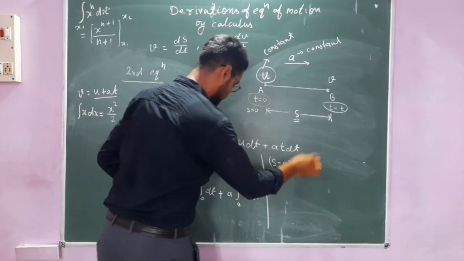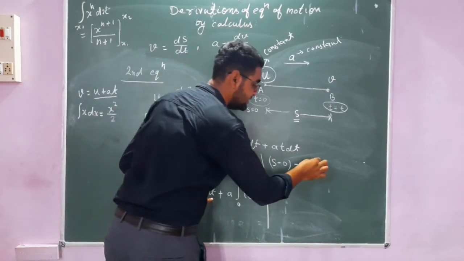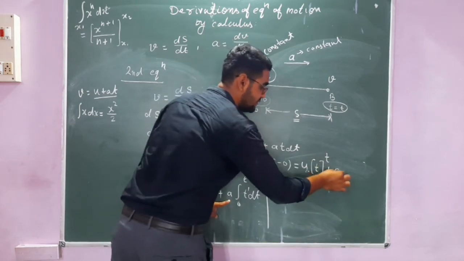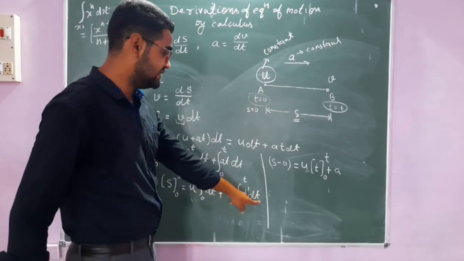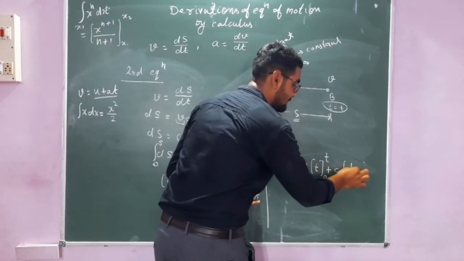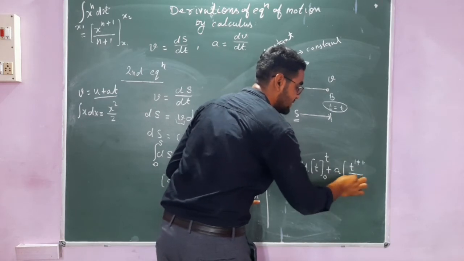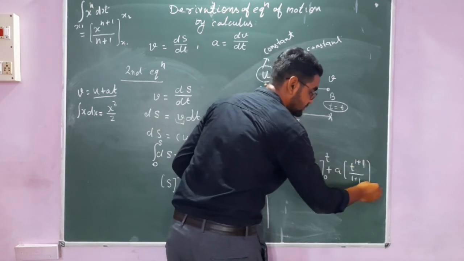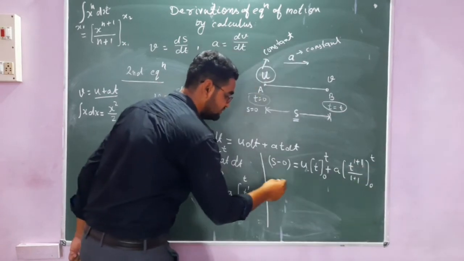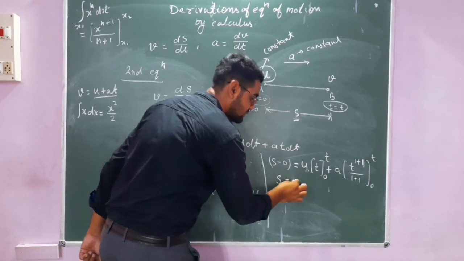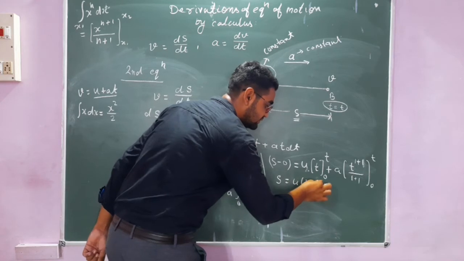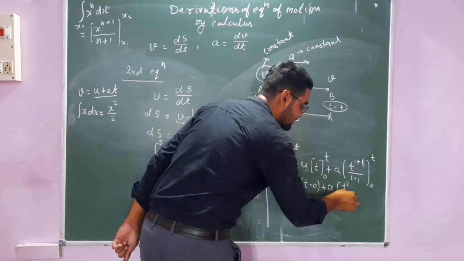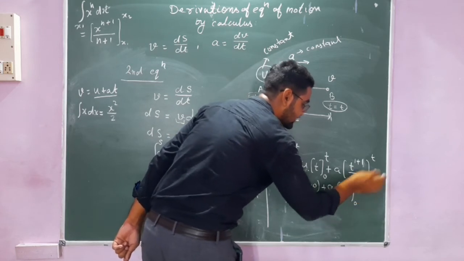Here u is constant, integration dt, that means t from 0 to t, plus a is constant away from the integration, and this is t to power 1 dt, that will be equal to power plus 1 divided by power plus 1, 0 to t. On simplifying, this will become s equals u t minus 0 plus a, and this will become t square by 2 with limit 0 to t.